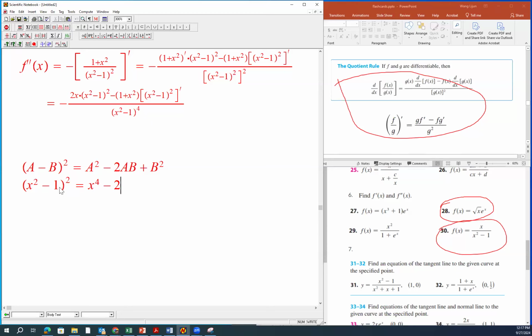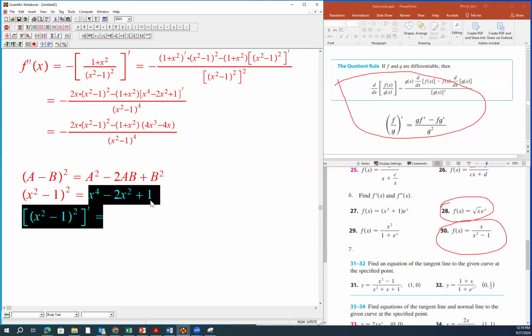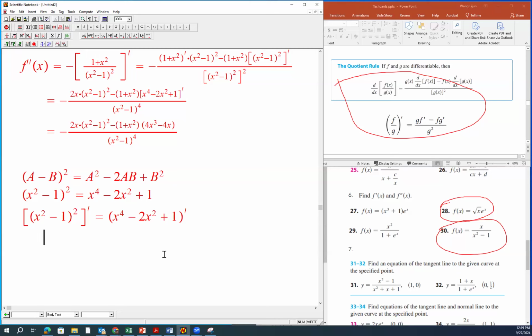So you differentiate, double check. It doesn't hurt. The derivative of x to the power 4 is 4 times x raised to the power 3.